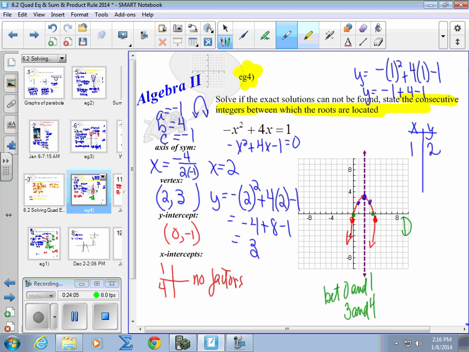The domain is made up of all real numbers, and the range is y such that y is less than or equal to 3. Then we would have found exact roots.